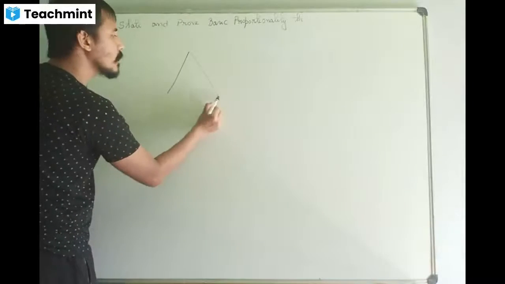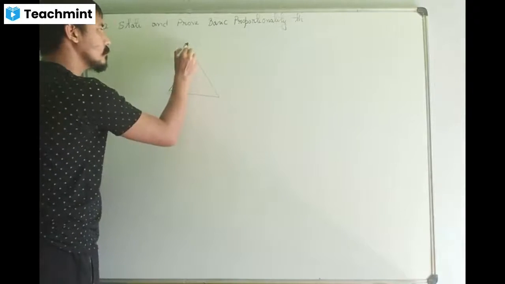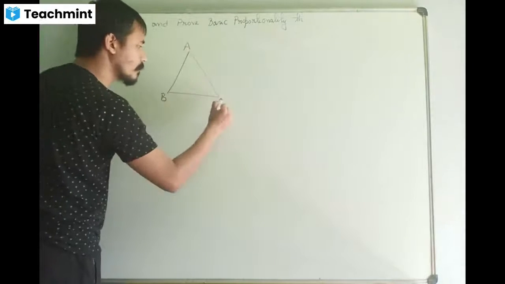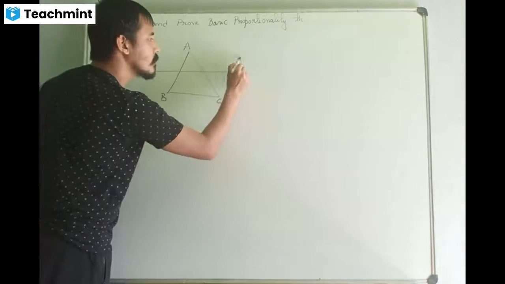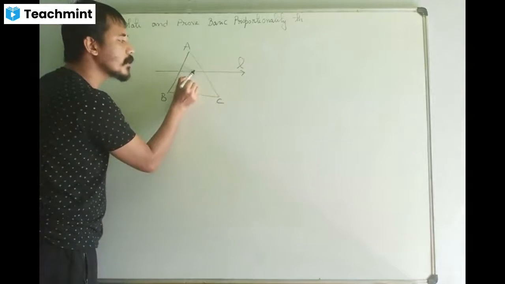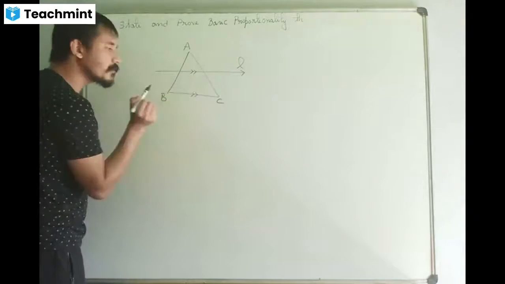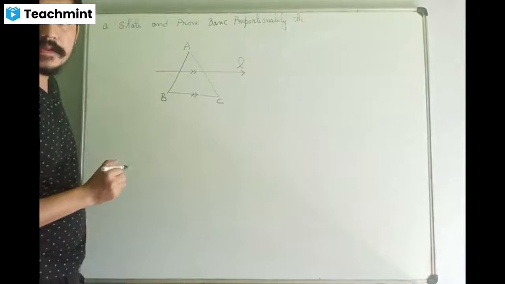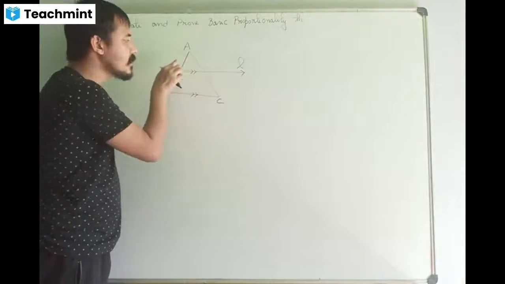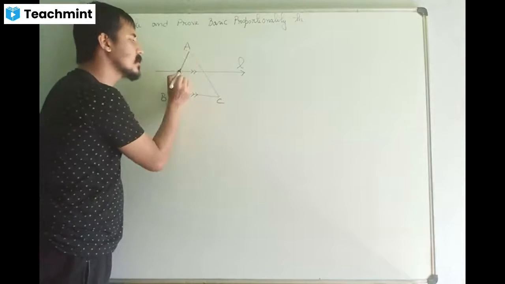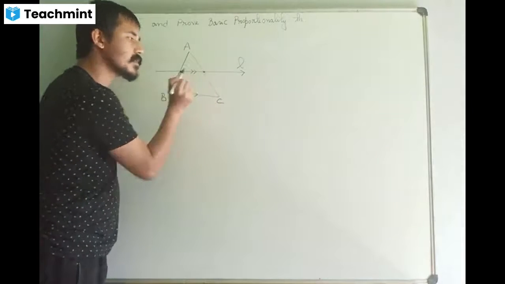There is a triangle ABC. Now, you draw a line which is parallel to one side of the triangle. Then this line L intersects the other two sides at two different points, right?